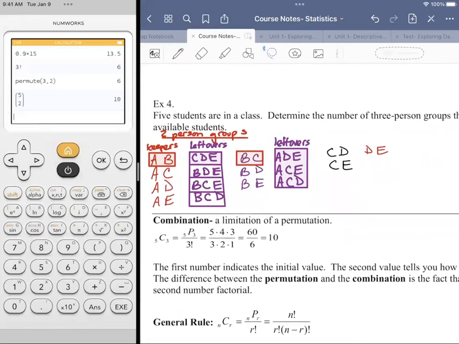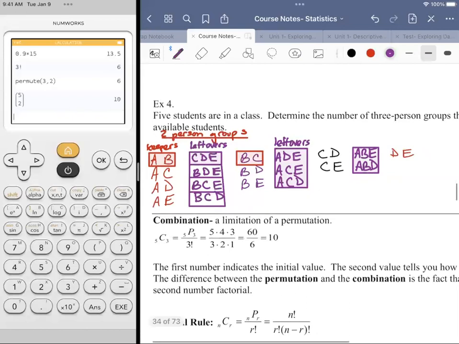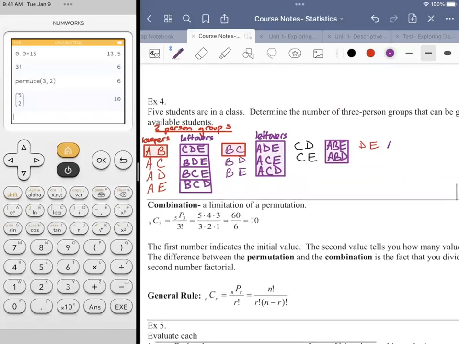Looking at CD and CE: if CD is in my group of keepers, then A, B, E would be my group of leftovers. CE, A, B, and D would be my group of leftovers. And then finally, if DE is my group of keepers, then A, B, and C would be my group of leftovers.